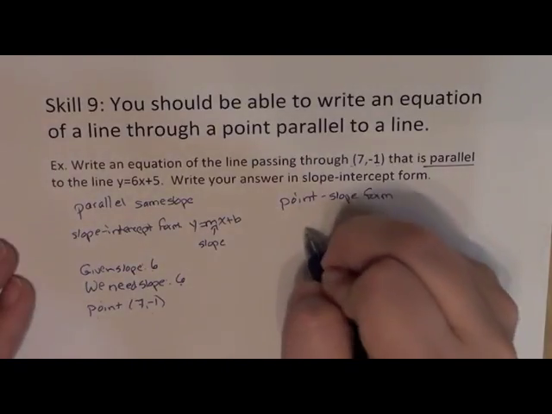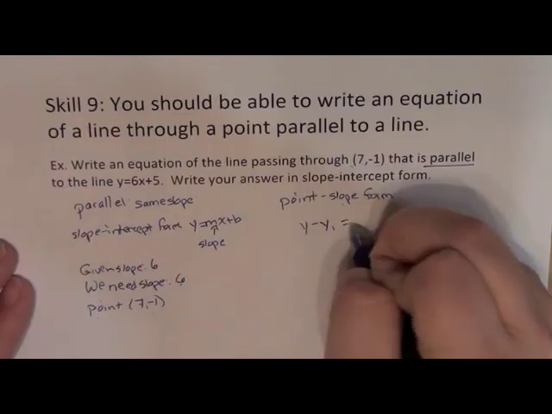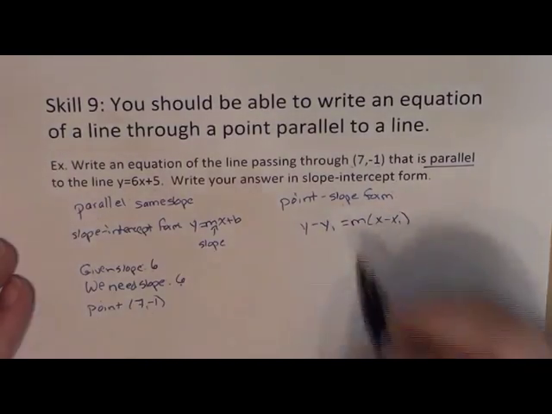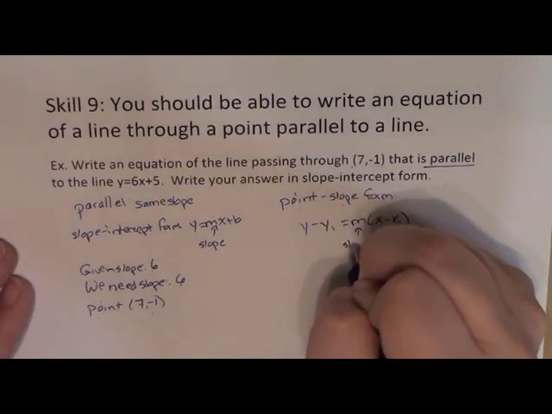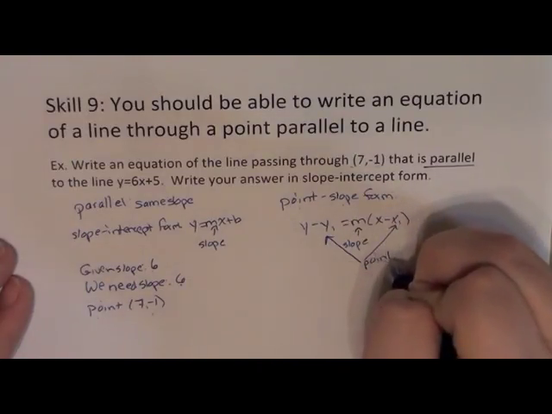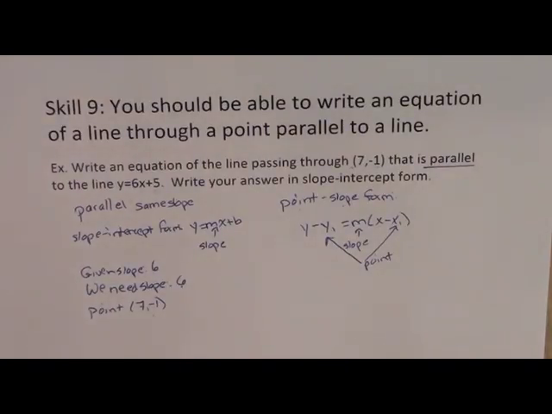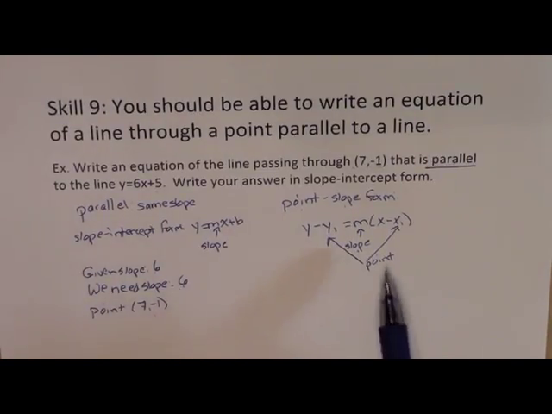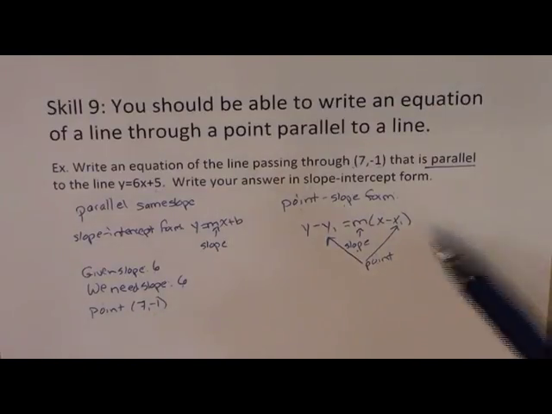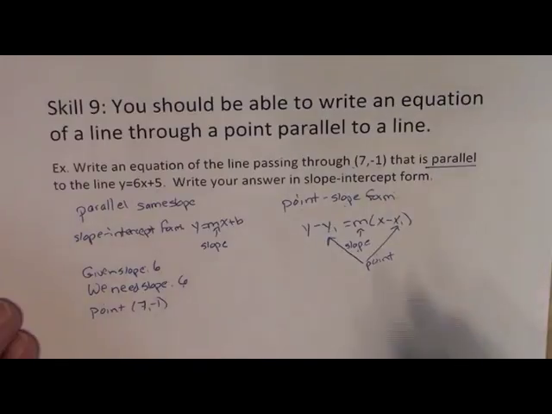And the point-slope form is y minus y1 equals m times the quantity x minus x1, where m is the slope and (x1, y1) is your point. As long as you know the slope, which we do, that's 6, and you know a point, which we do, that's (7, -1), you can plug your information directly into this equation.